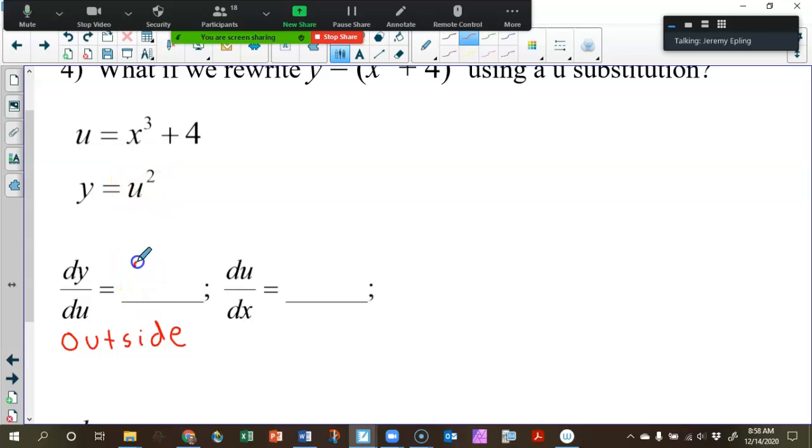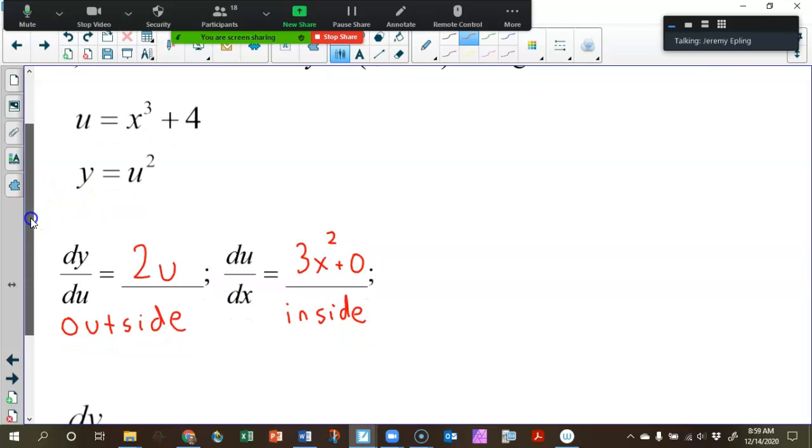The derivative of u squared is 2u. And then we have our inside function, the derivative of u with respect to x. So the derivative of x cubed is 3x squared, and the derivative of 4 is 0. So I'm going to write plus 0 to make sure we can see we took the derivative of that whole thing.